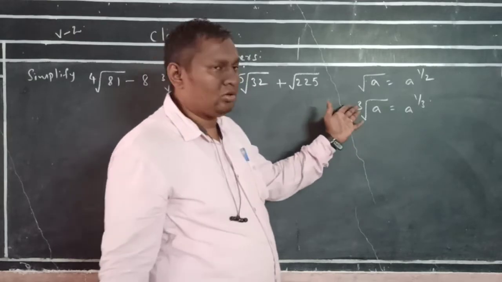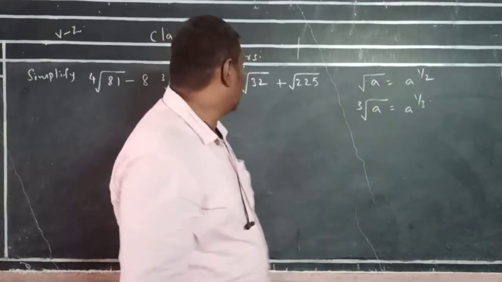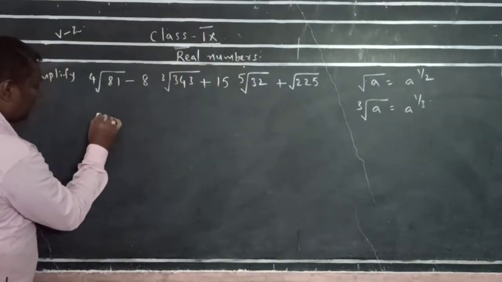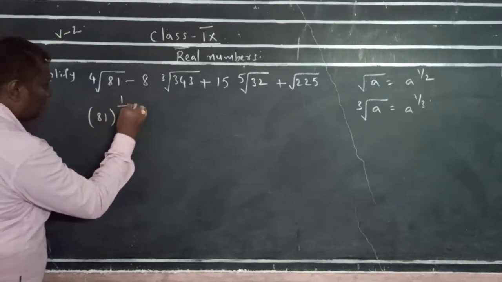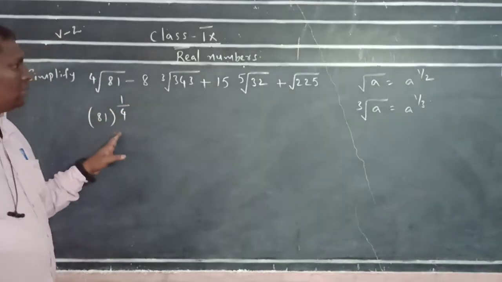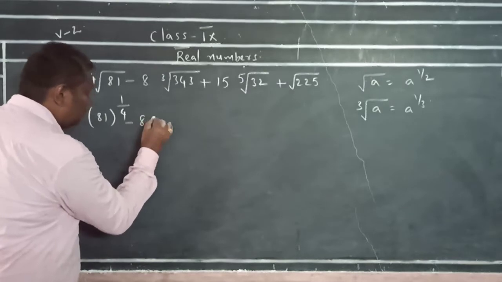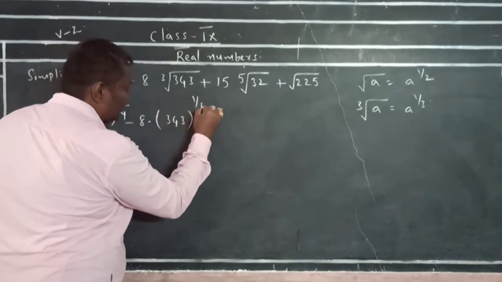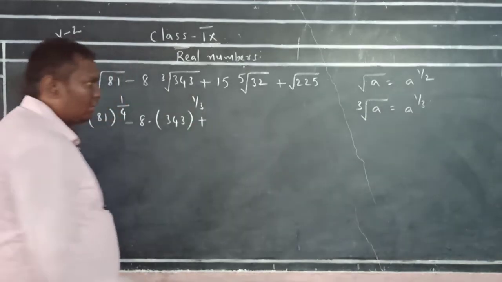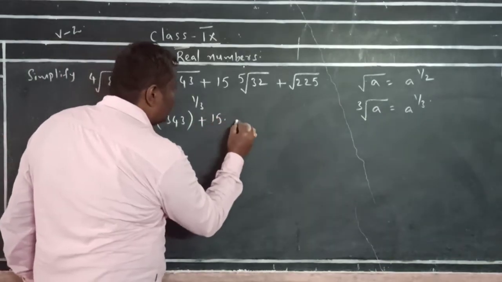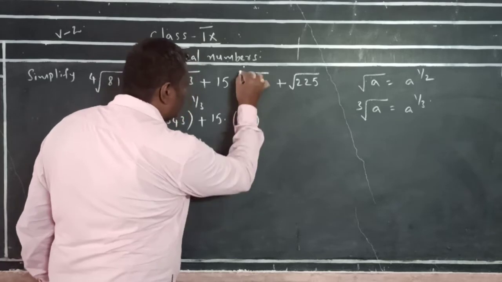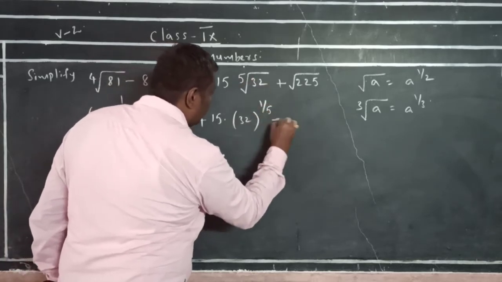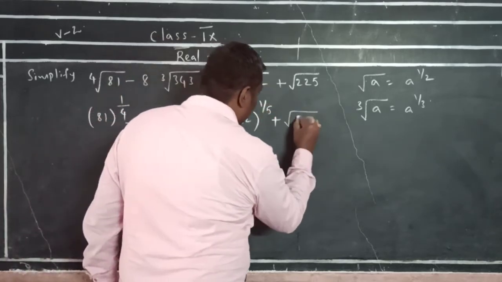Fourth root a means a power 1 by 4, like this. You have to write here 81 whole power 1 by 4 minus 8 into 343 whole power 1 by 3 plus 15 into 32 whole power 1 by 5 plus 225.